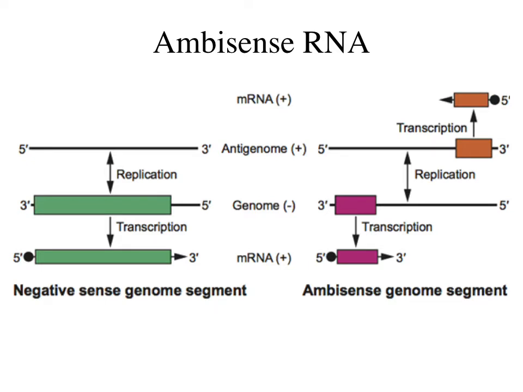Then when you make your complementary full-length strand, the 3' end of that is going to be transcribed into messenger. So this is a way of controlling the production of viral proteins. And the concentration of the N protein plays a role in controlling this, because remember, the full-length copies are going to be encapsulated with the N protein, and only the messenger RNAs will not have the N protein associated with it.